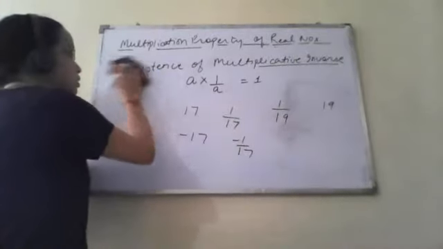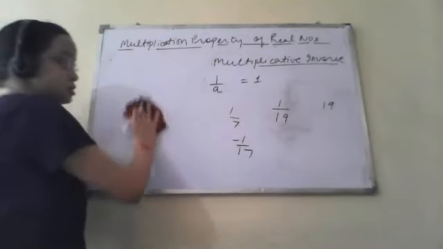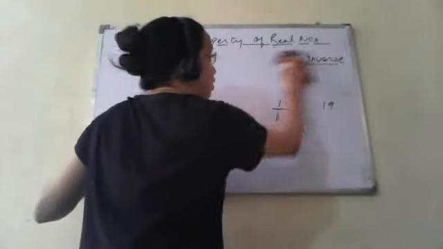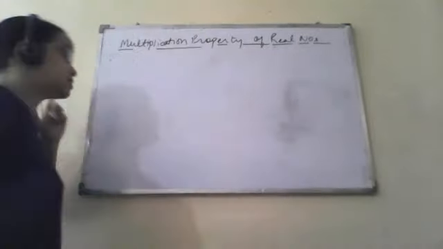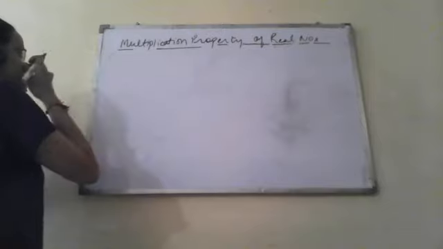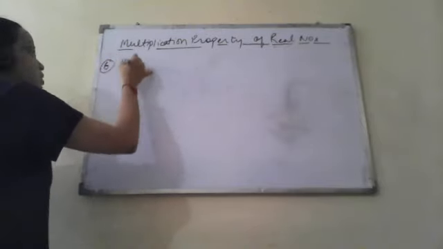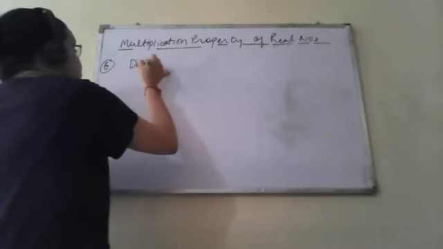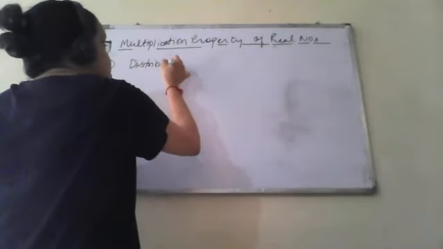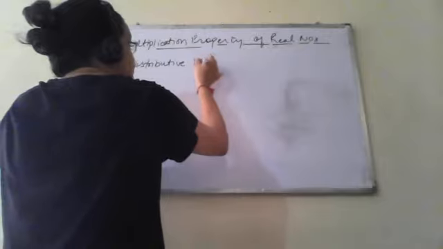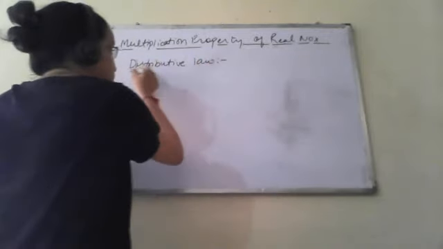Now one more property is there, the distributive law. It is simple since you have studied all this. This is number 6, distributive law.